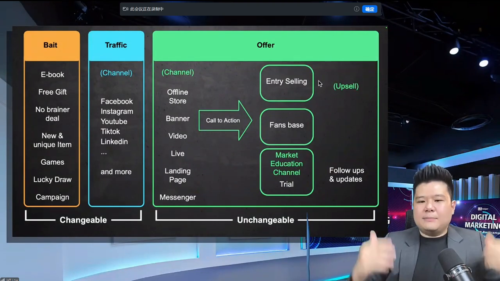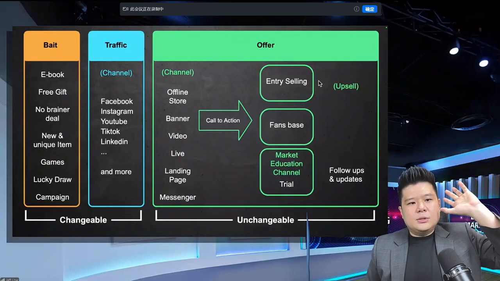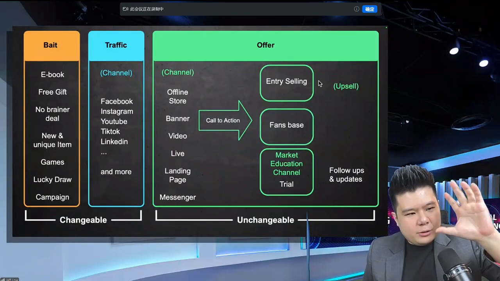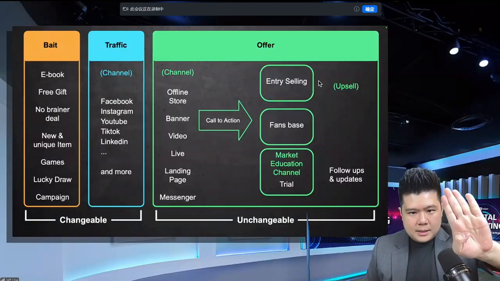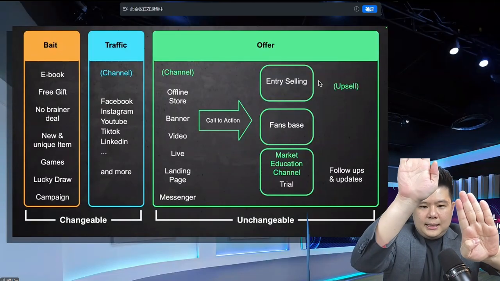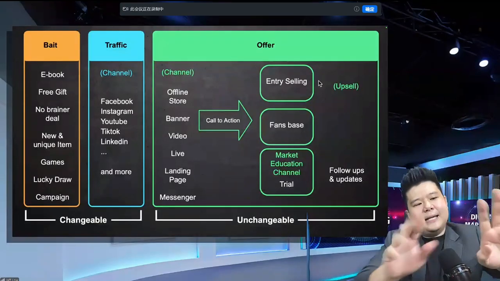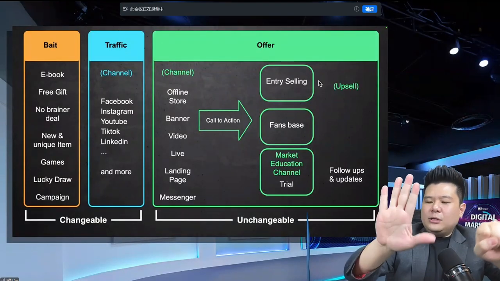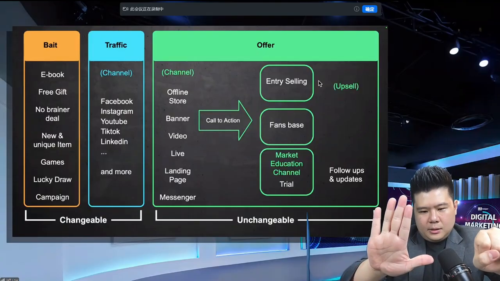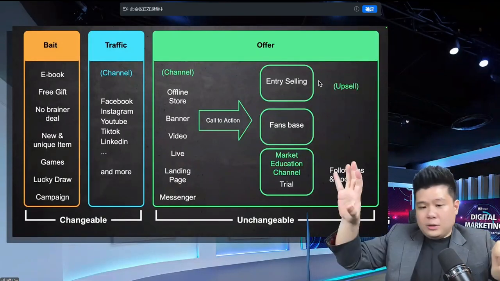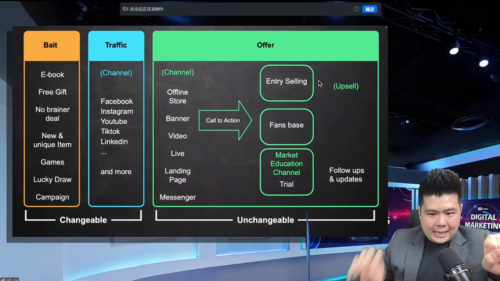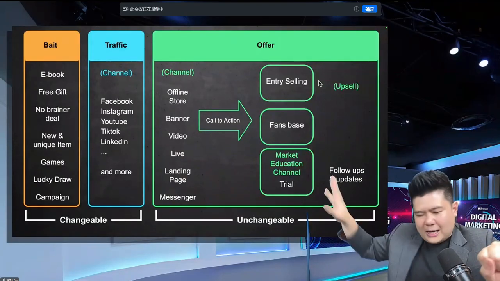This is just something random that came to me. Imagine that you have the bait at the first part. Then you've got the upsells. Let's say the first part, you've got the ebook. After that, you've got one-on-one, or then you've got a webinar. You've got upsell, you've got downsell, you've got a package, you've got all kinds of design already.